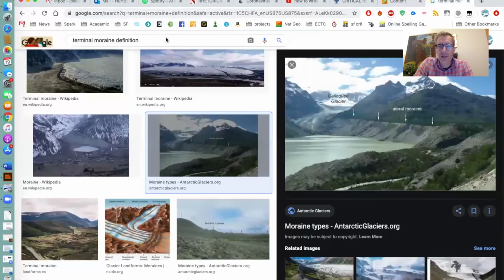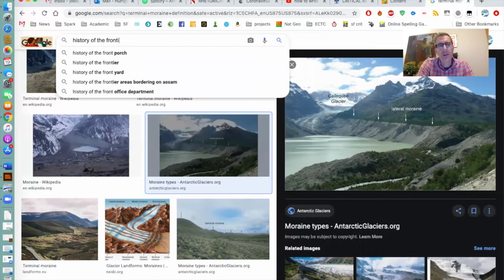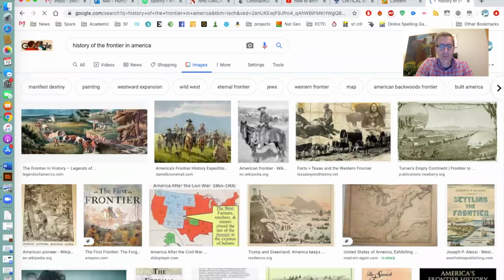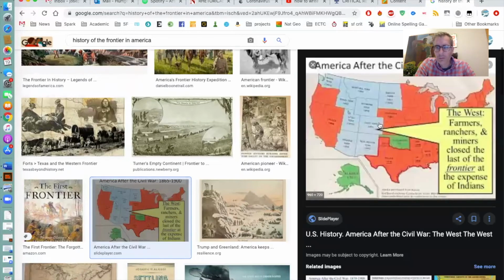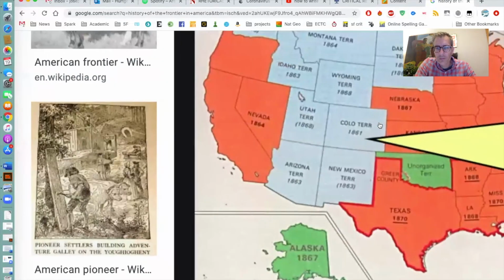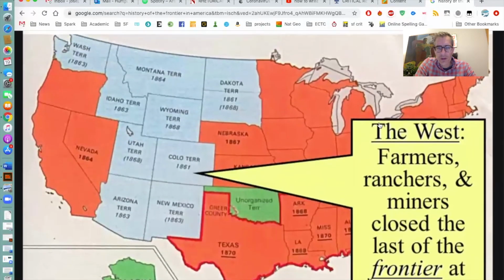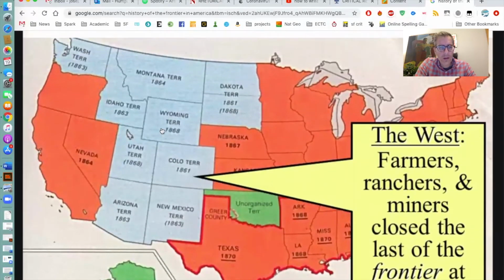And we could even see the history of the frontier. Okay, so 1860s, 1870 here.